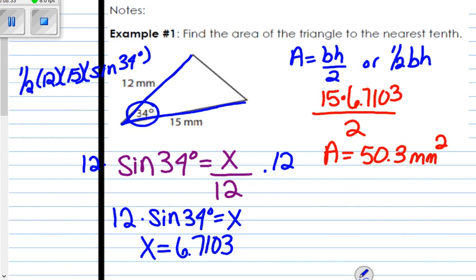So on your calculator, let's put this in first, 34 sine, times 15, times 12, and you can either do divided by 2 or times 0.5. 50.3, which is what we got when we did the long way as well. Okay? You like the long way better? The short way, yeah, me too.